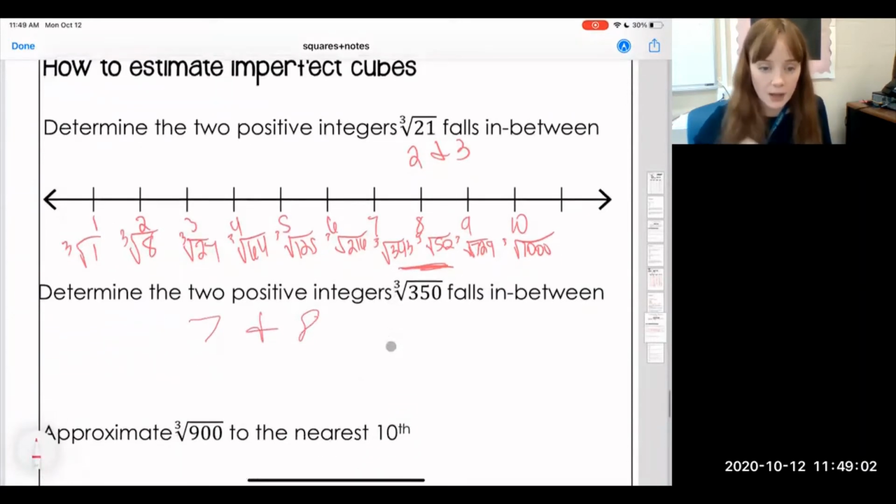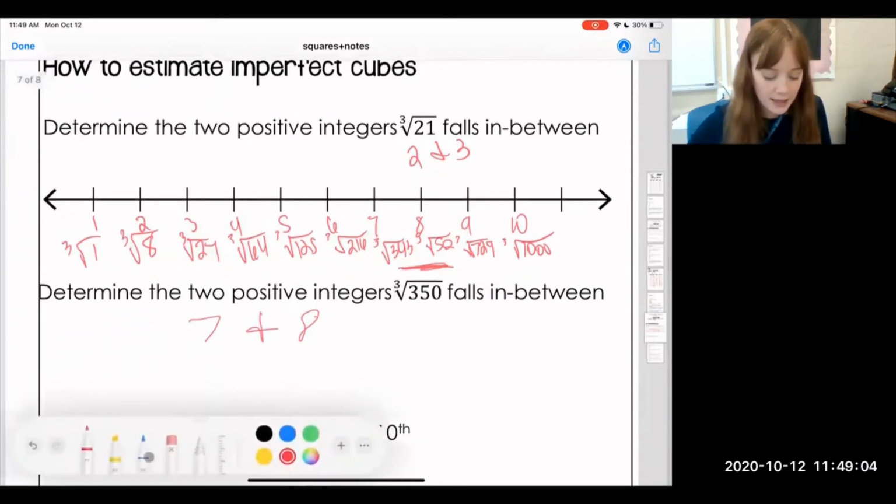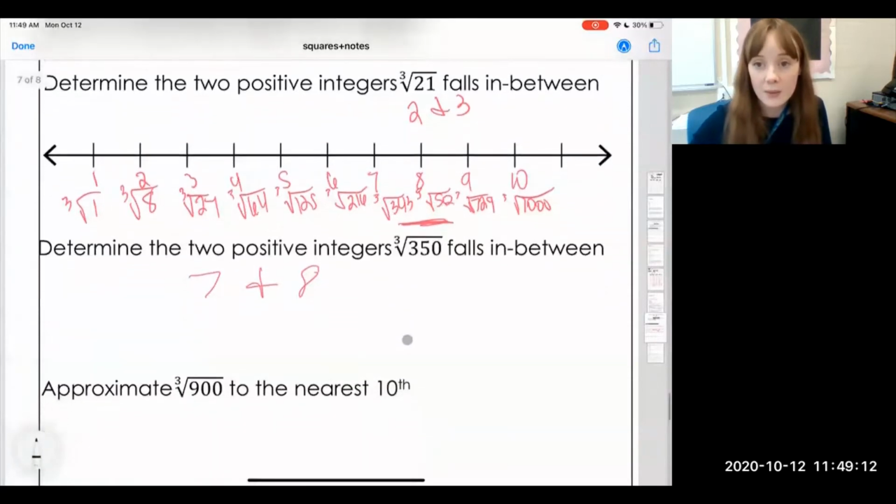The extra step comes when they ask me to approximate it to the 10th. That means they want a decimal answer. So we still have to figure out what two numbers it falls in between. Then we have to take a guess at what the decimal might be. So the cube root of 900 falls somewhere between the cube root of 729 and the cube root of 1,000.